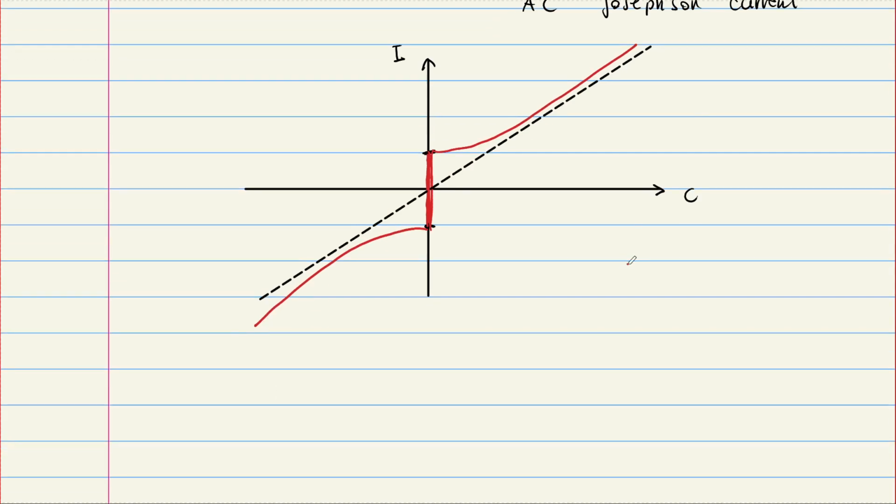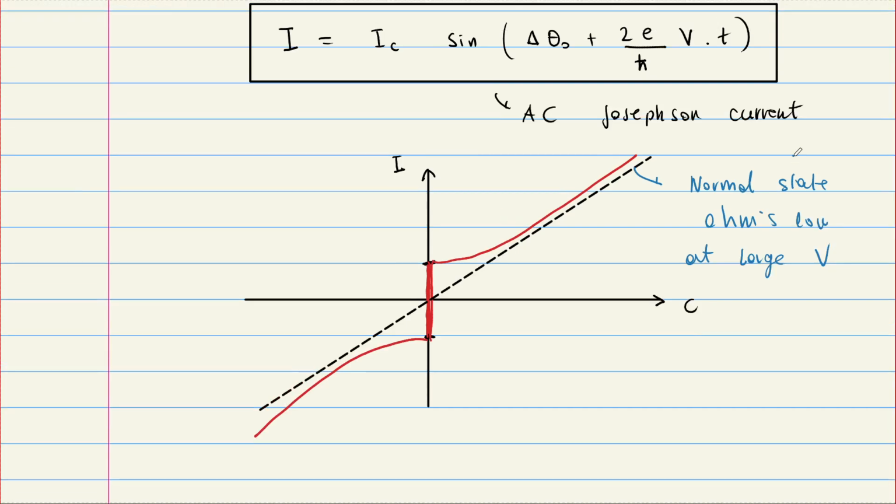So this large piece is the normal state, Ohm's law at large V. And this is what people generally see in the experiments.